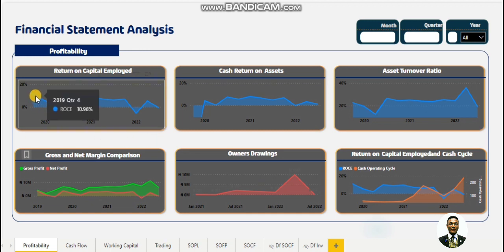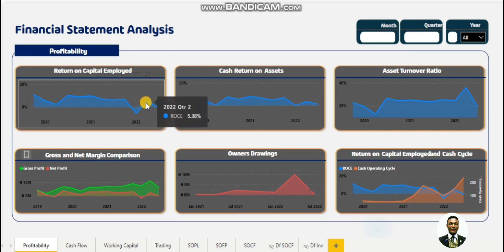Starting off in 2019, we see the business making a 10.96% return on capital employed, but then it gradually declines into 2020 quarter 2, and then by 2020 quarter 3 it peaked and was stable for a while at about 9.03% up until the first quarter of 2021, after which it experienced a gradual decline and then its all-time low in the first quarter of 2022, when it recorded a loss, resulting in a negative return on capital employed.